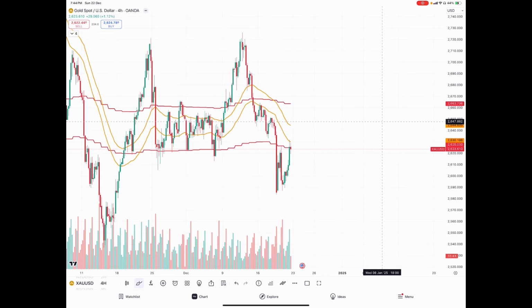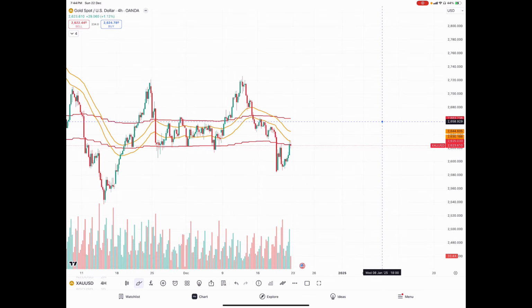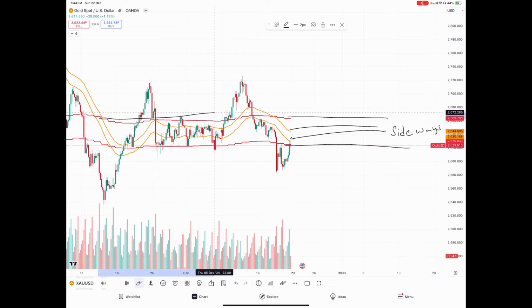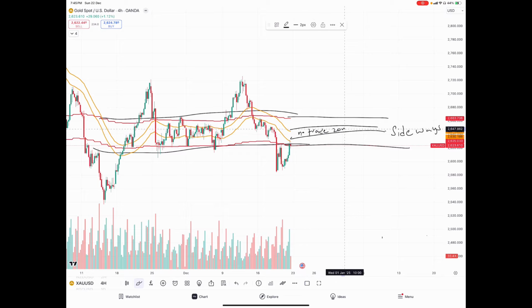Now let's look at gold. Now we have a unique situation. So the red lines are here, the orange line is between. So this is a sideways market. We don't trade when the candles are between these zones.